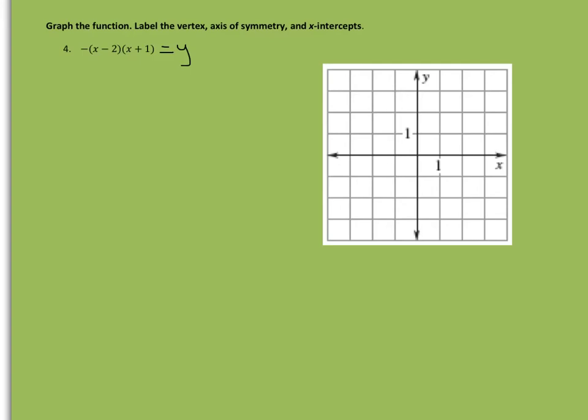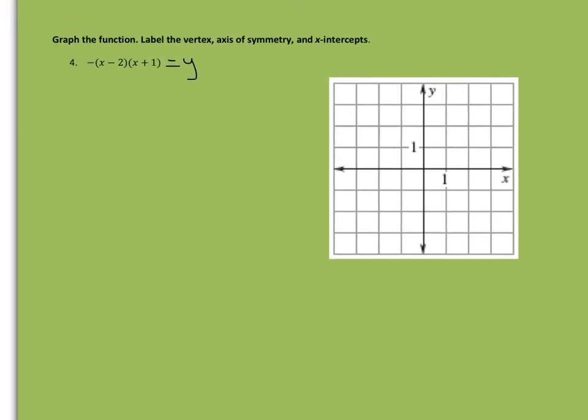Okay, so hopefully you pressed pause. If you did, you should have gotten a is -1, p is +2, q is -1. If you didn't get those three things, go ahead and pause now and redo it with the new stuff. Okay?